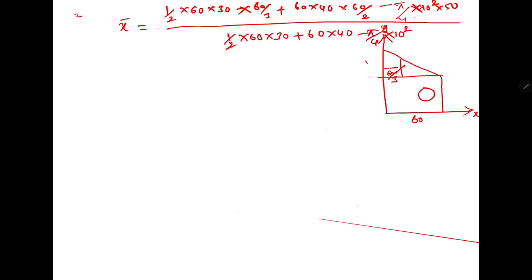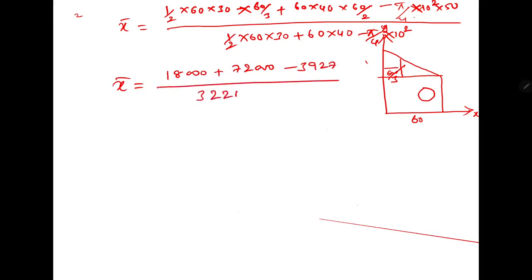So if I calculate this, I will be getting x bar is equal to 18,000 plus 72,000 minus 3927 divided by 3221.46. X bar is 26.72 millimeter.